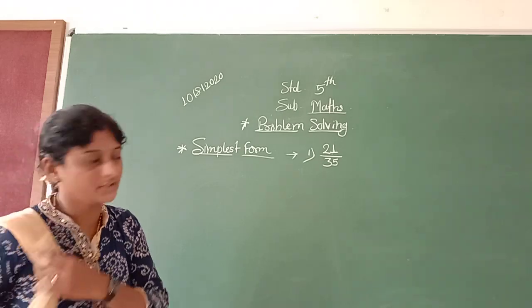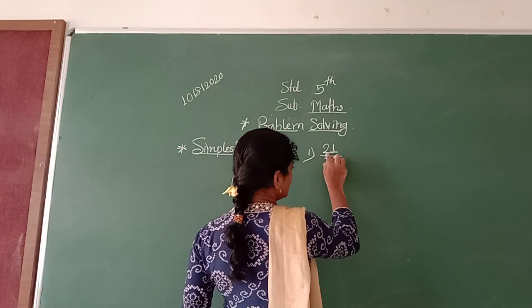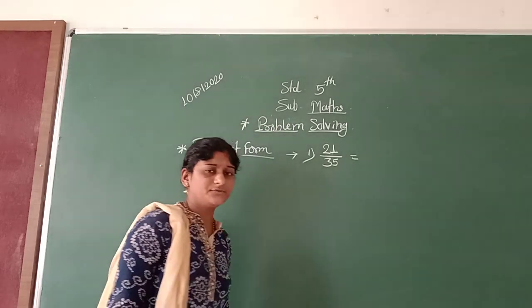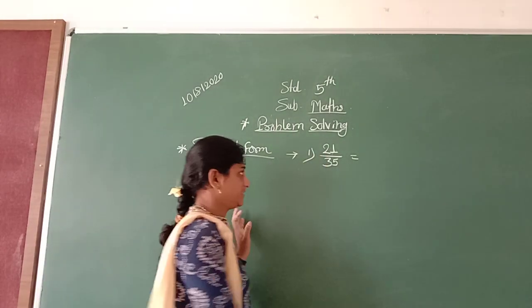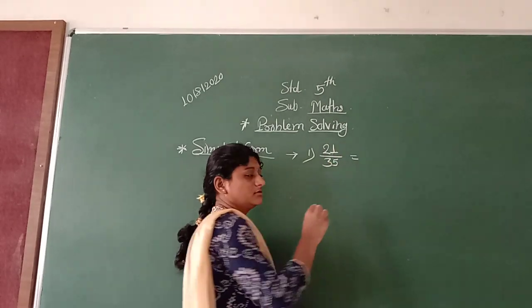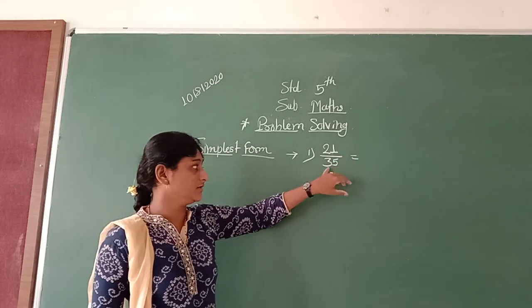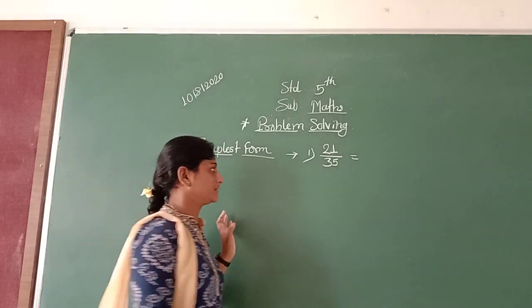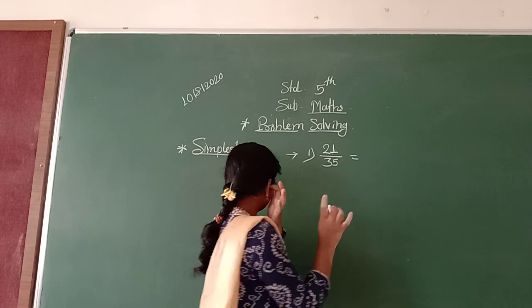Now how to solve about the simplest form? See, we want to find out the factors from 21 and 35. It means 21 upon 35. You know that 21 is the numerator and 35 is the denominator.